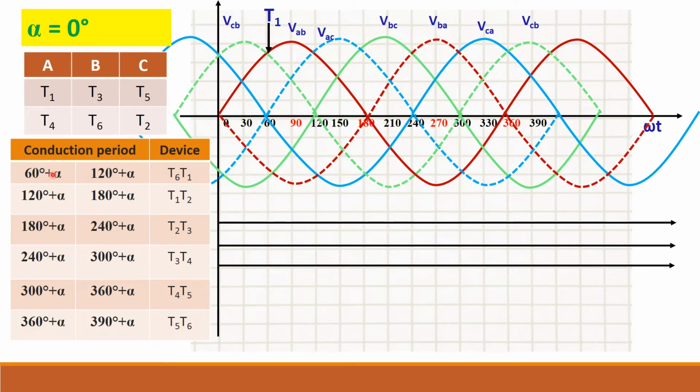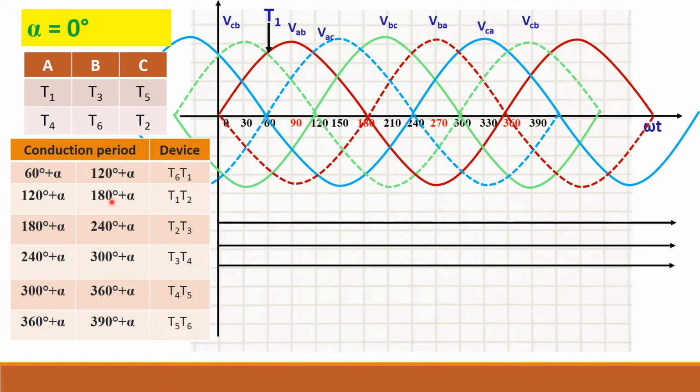So 60 plus alpha. Then you have to add 60 degree because we know each combination will conduct for 60 degree. So add 60 degree to this starting point, so it becomes 120 plus alpha. From 120 plus alpha, you write this one this side.